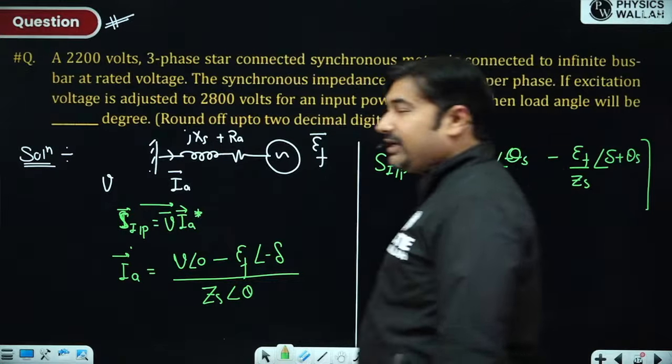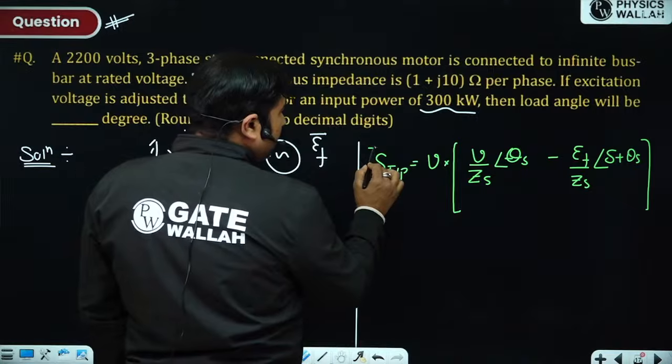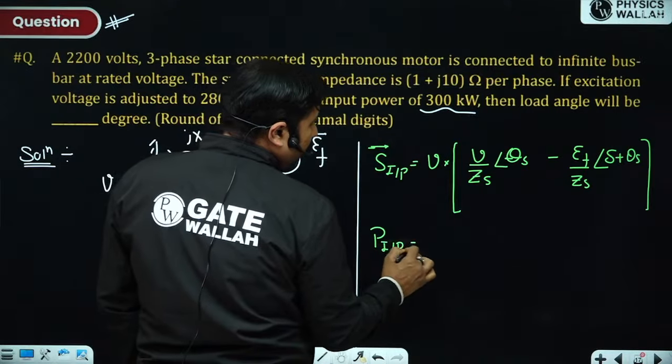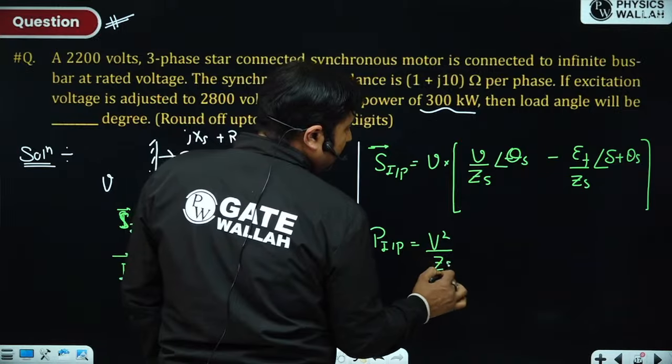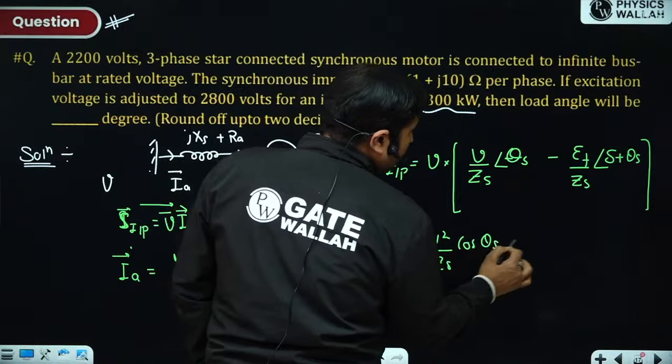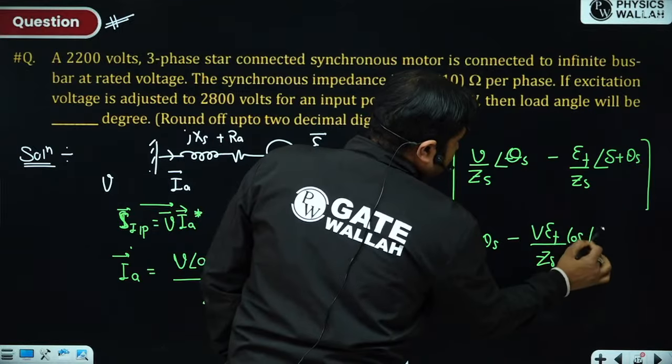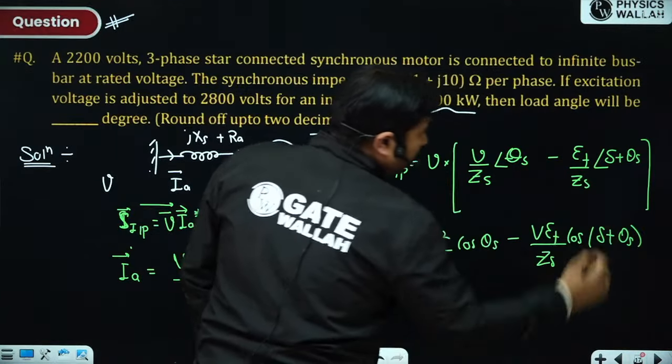So even if you haven't remembered the formula, you can create it. Once you have this value, you can calculate the active power input. Active power input will become V square by ZS cos theta S minus VEF by ZS cos of delta plus theta S. Is it okay?